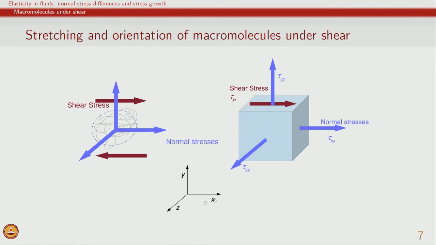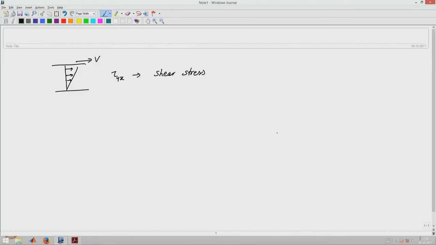So, if we use the rectangular coordinate system to describe this simple shear flow, we have tau yx, which we have been talking about, the shear stress which is there in the material, but we will also have tau xx, tau zz and tau yy, which are the normal stresses. So, therefore, in a viscoelastic fluid, when we take it between the two plates, so let us say it is a polymer molecule, and we are again applying a steady shear experiment.